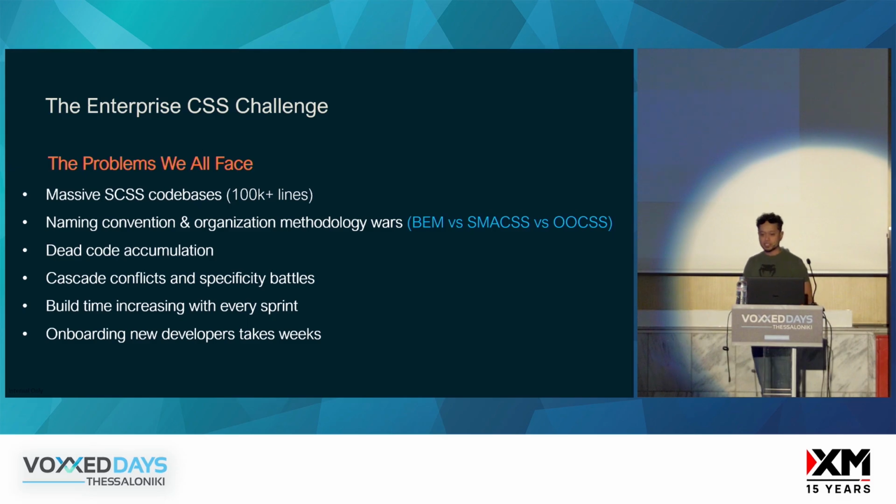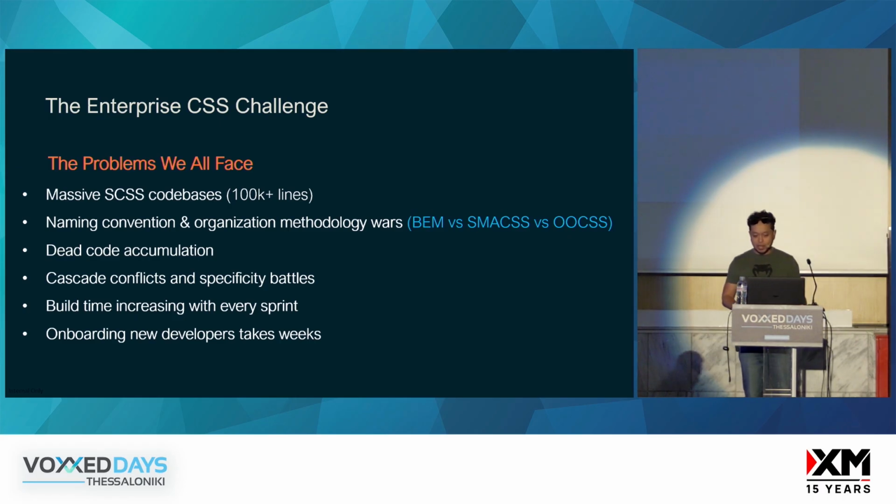So let's be honest about the current state of CSS. Most companies have accumulated years of SASS that nobody wants to touch. We've all been there, afraid to delete a class because it might be used somewhere. The build times keep getting longer, and every new developer needs weeks to understand the naming conventions.